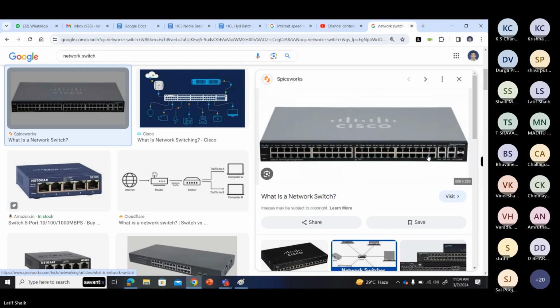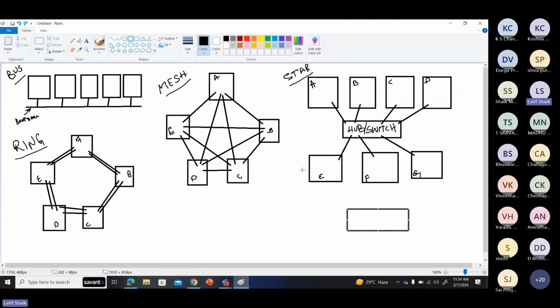In case 10 more computers are added, earlier I had 20 computers and a 24 port switch. Now 10 computers are added, so what do I have to do? I cannot remove the old switch and buy a new big switch, right?